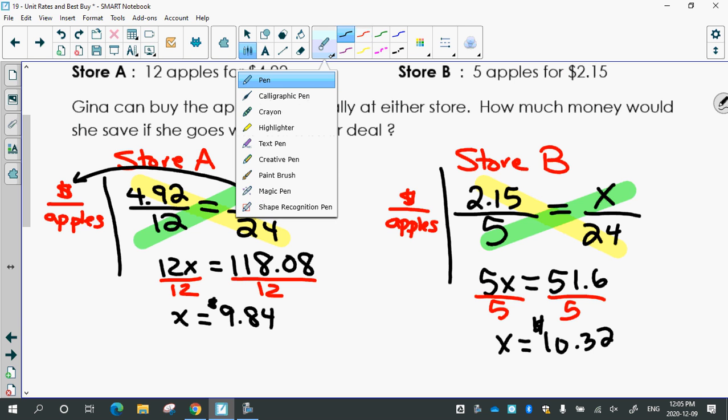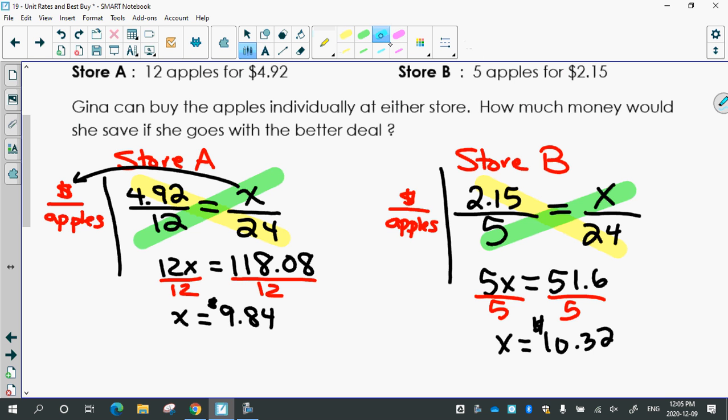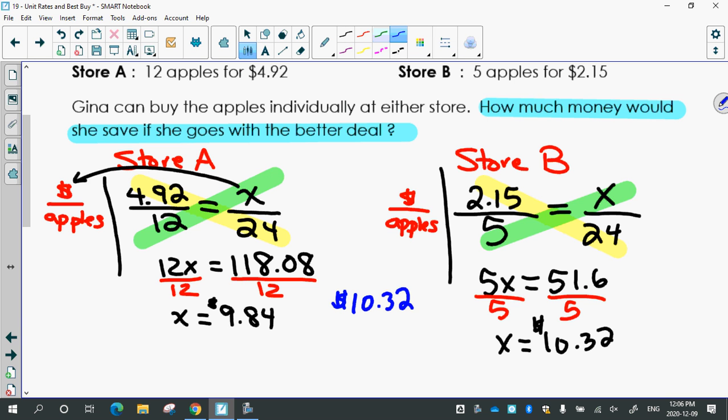Then we have to make a really great therefore statement that answers our question. So how much money would she save if she goes with the better deal? Okay. So I have to subtract 1032 take away 984. Gives me 48 cents.